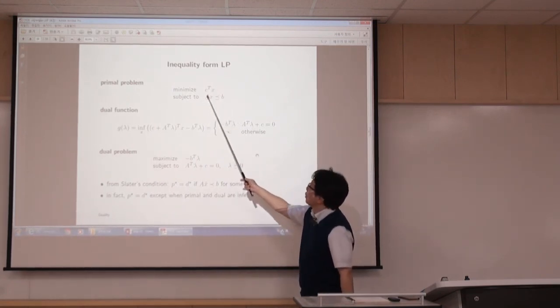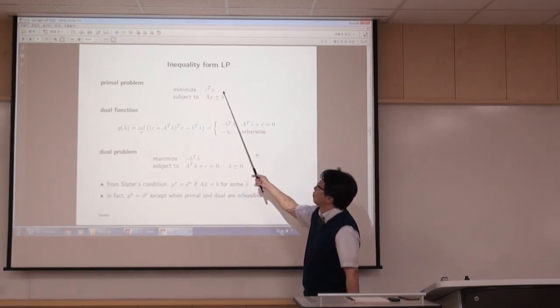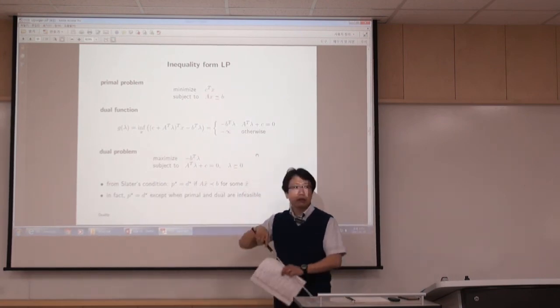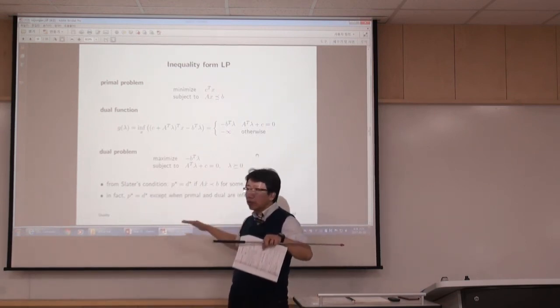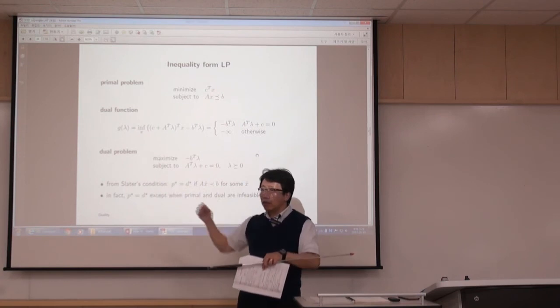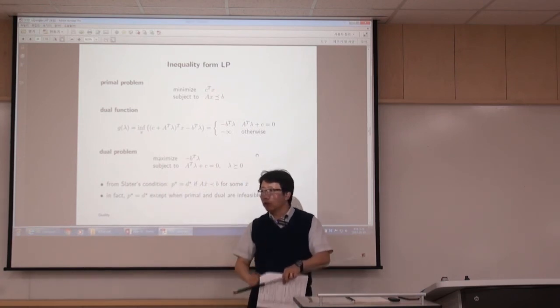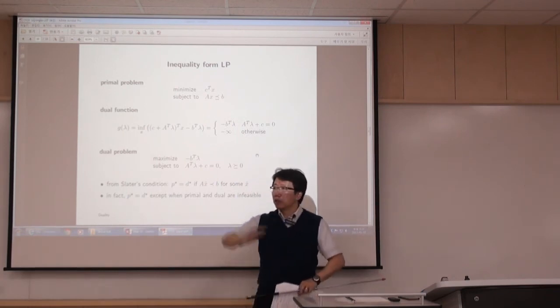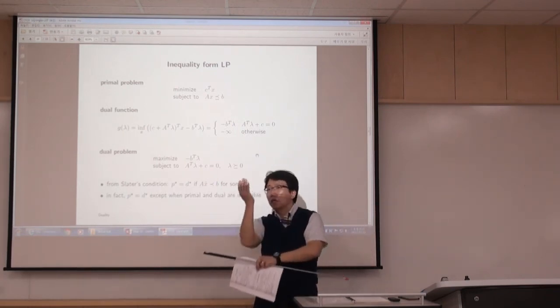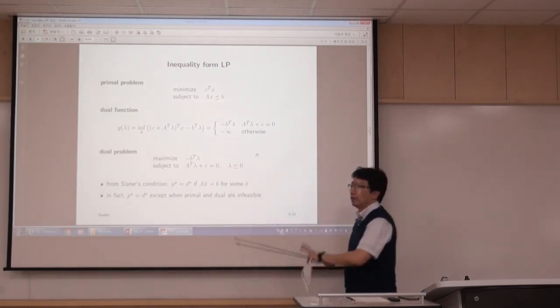What does that mean? Let's say that first row times x vector is less than b1. That is what? That is a half space, right? You have a plane, hyperplane, and either the part including the origin or the other part are all feasible. And you intersect them, and you have a convex set.